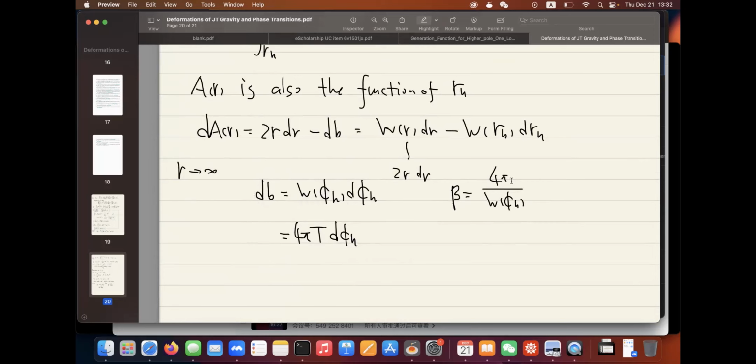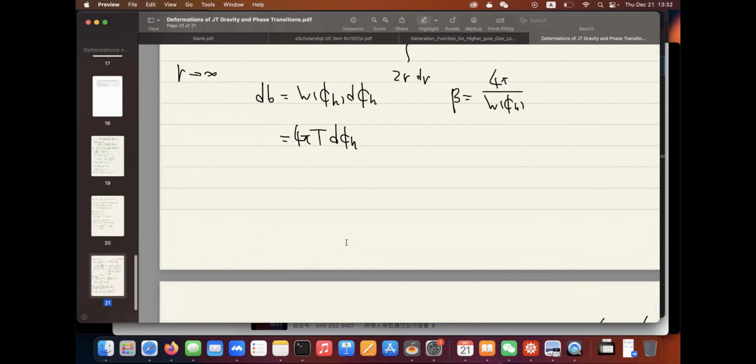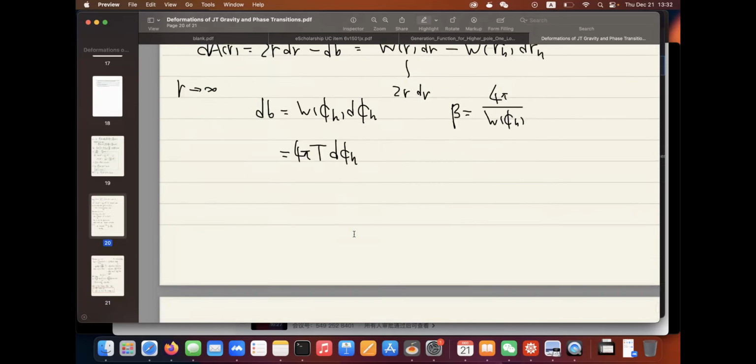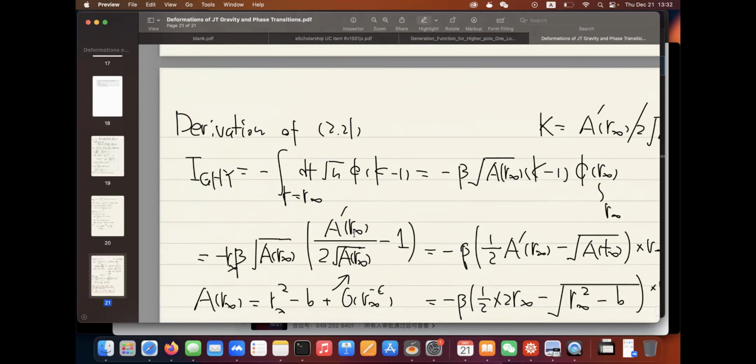And we notice that beta can be written in this formula, so we find that dB is equal to T times d phi h. It is quite similar to the thermodynamics of the black hole, dE equal to TdS. So you want to interpret the parameter B as the energy of the black hole. This is what we want to do.